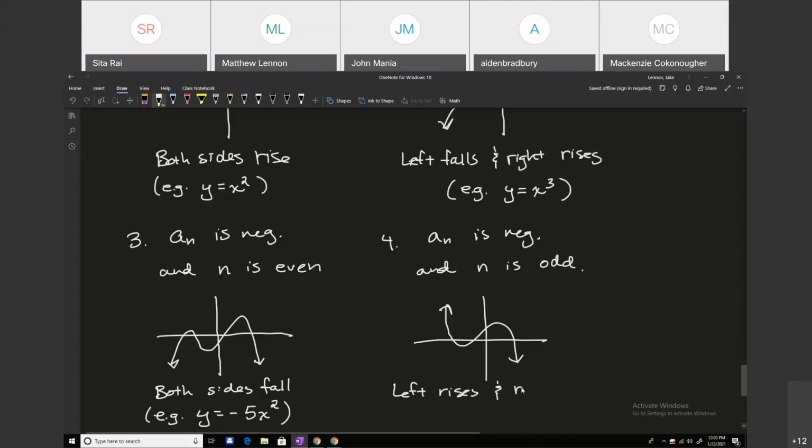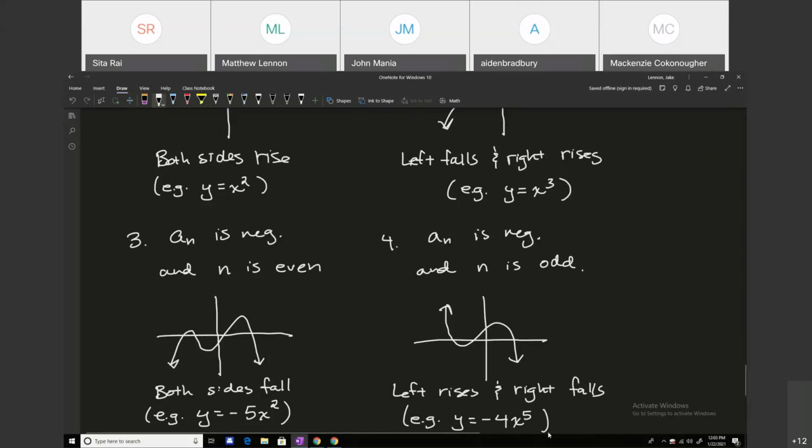Excuse me. So maybe we have y equals minus 4x to the 5th power, right? Your number in front is negative and your exponent is odd. That's what we're looking at here.